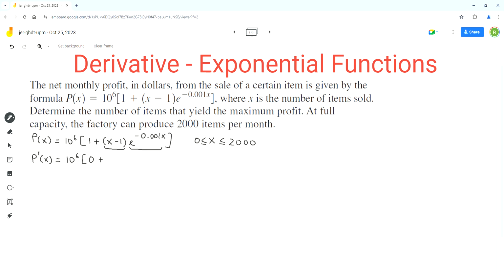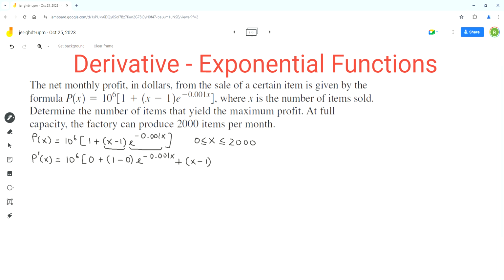As per the product rule, we take the derivative of the first function. So the derivative of x minus 1 is equal to 1 minus 0, times the second function, and then plus the first function times the derivative of the second function.